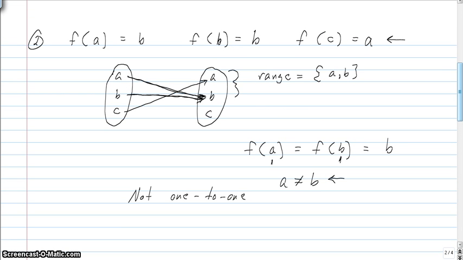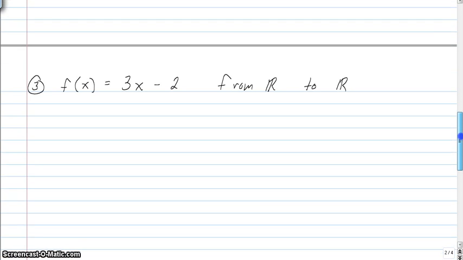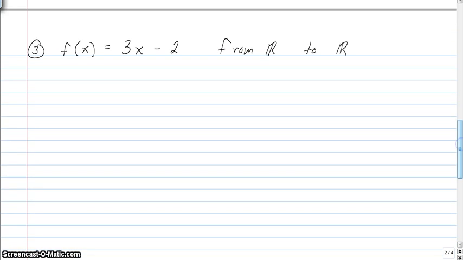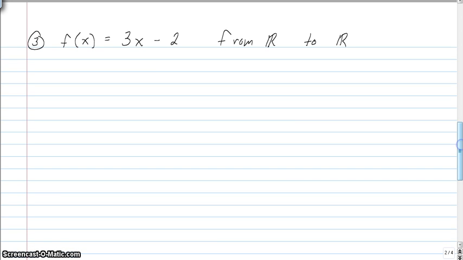Okay, so these first two examples were maybe a little bit more informal. If we want to get into more formal ideas, here's a function. Nothing complicated, it's just a linear function, which you should have seen in your algebra class, going from the set of all real numbers to the set of all real numbers.